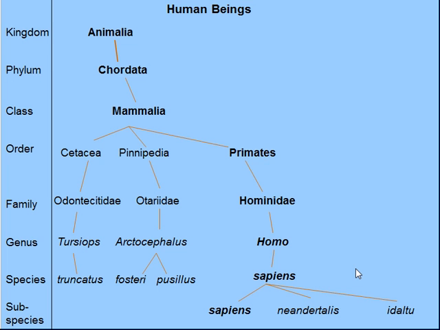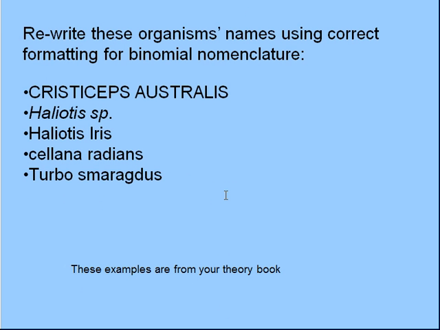And here's a little practice for you. You've got some practice in your theory book, and you can see that these ones are all written incorrectly. So you can try to rewrite these in correct binomial nomenclature.